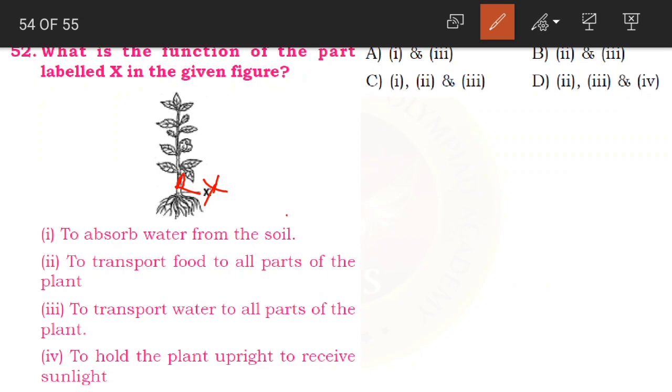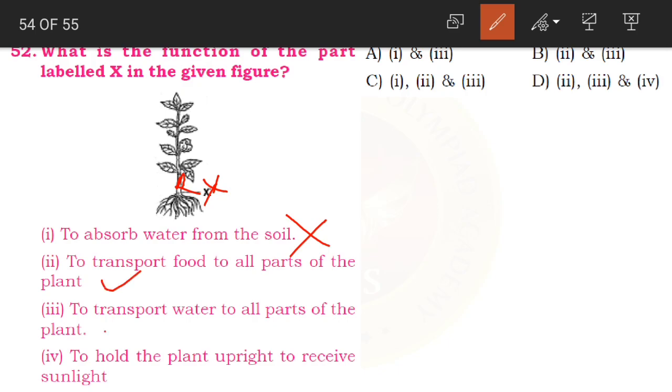Okay children, we'll go with the first one, to absorb water from the soil. Does the stem do this work? No, this is the work of the roots. So that is why this is the wrong function. To transport food to all parts of the plant, yes.